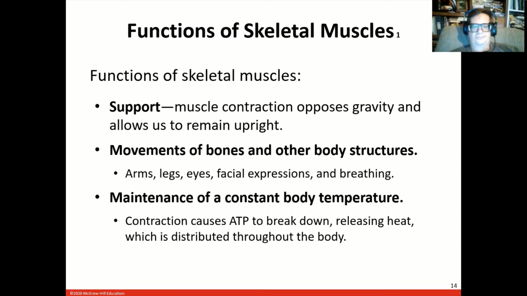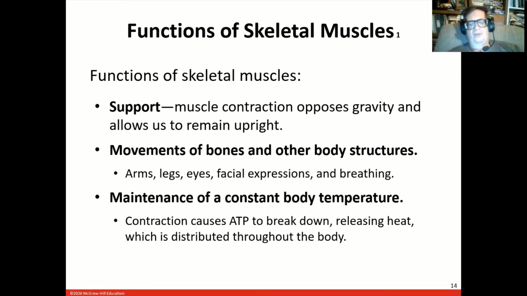All right. But other stuff, where it says other body structures. You could have muscles doing things like moving skin. That's the facial expressions. Where it says another function of the muscle, maintenance of body temperature. Think of shivering to stay warm.